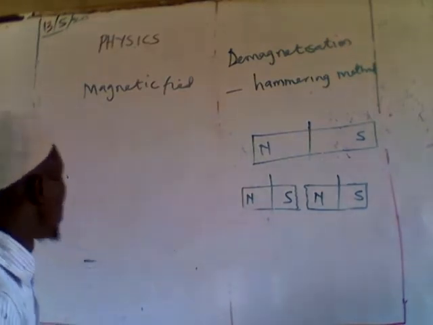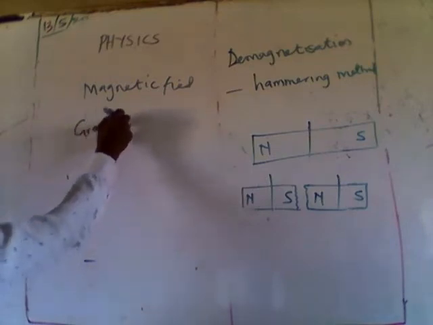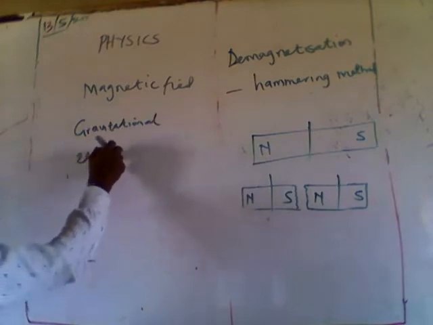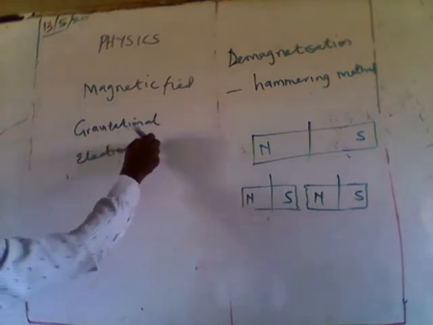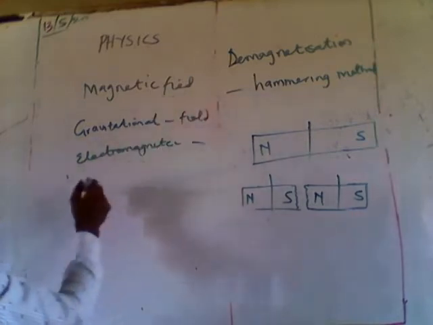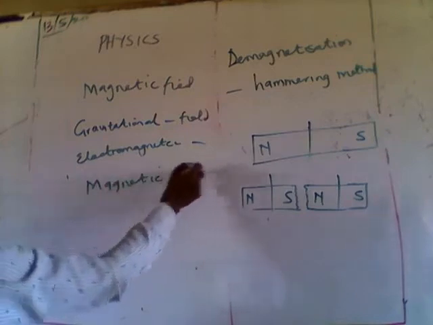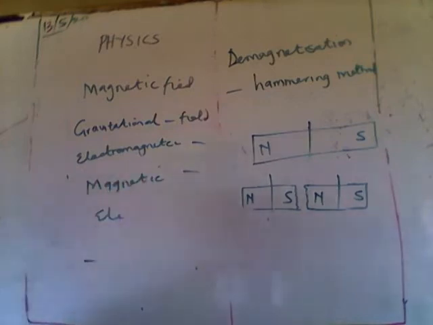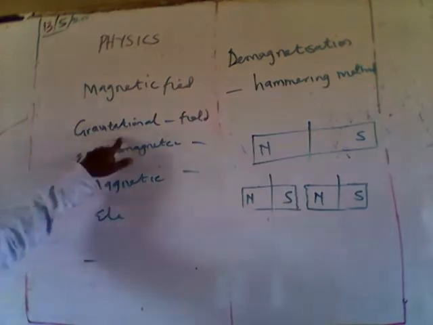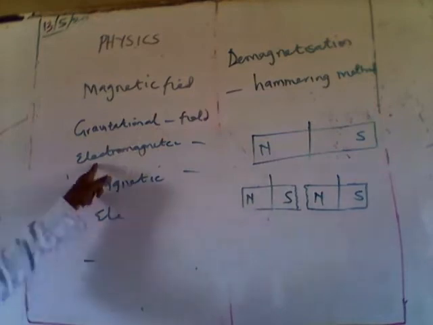For example, we have the gravitational field, the electromagnetic field, the magnetic field, and the electrical field. In a gravitational field, the force of gravity can be detected or felt.